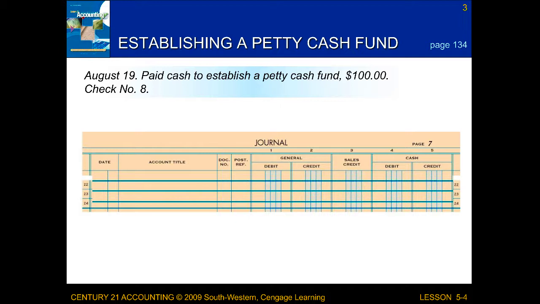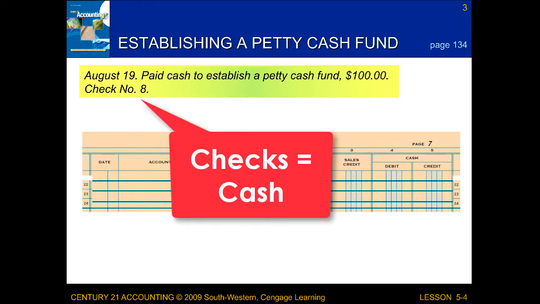The transaction is worded as such. On August 19th, I paid cash, so I'm using cash my business already has, to establish a petty cash fund. Then they're saying they are putting $100 into their petty cash fund cash box. And the source document here is check number 8, because remember, checks are the same thing as using cash.